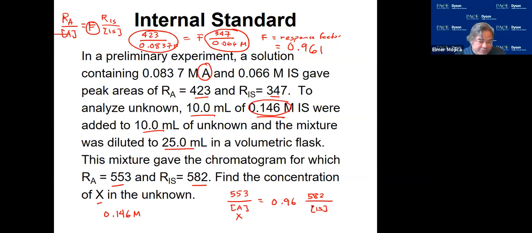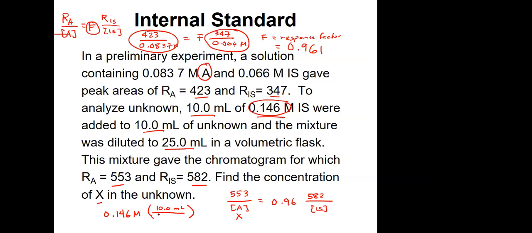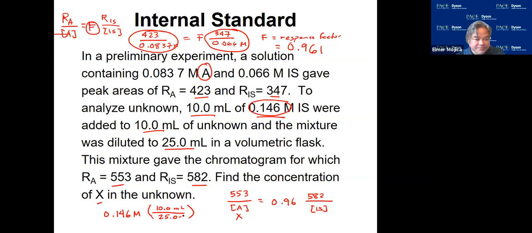So we need to determine the exact concentration. That means 10 ml over what? What's the final volume that we have here? 25. Okay, so that's 25. So we do 0.146 times 10 divided by 25. What's the volume that we have there?